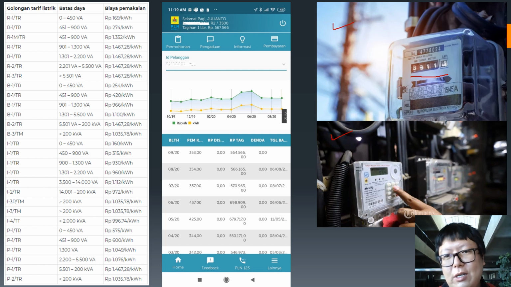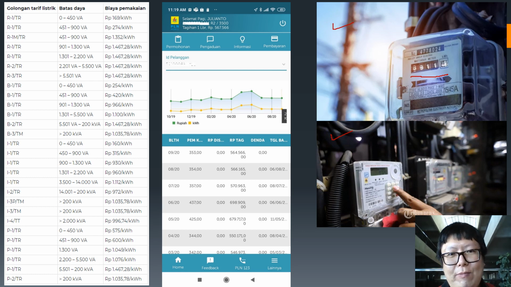And this one is the digital version. You can see the one in your house. Every house must have these two. So this is to record our electric usage, and from the recording we can get how much we have to pay for the electric bills.